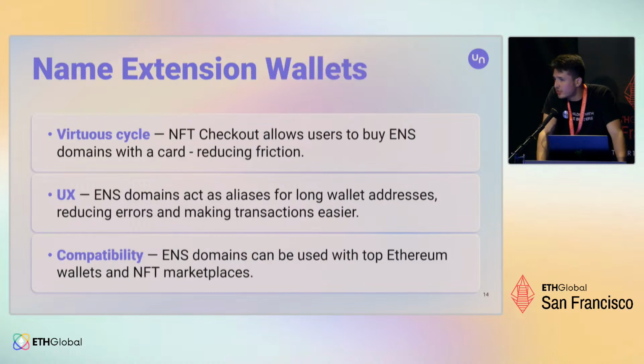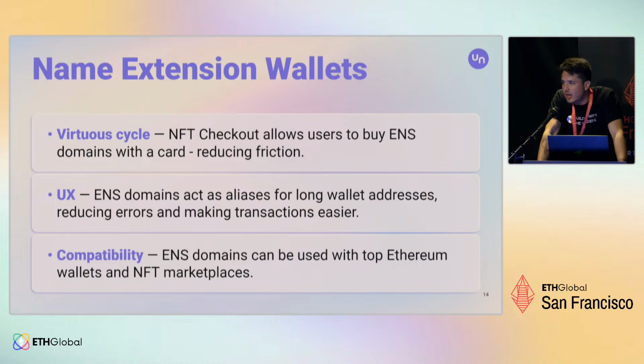Name extension wallets or domains can go either way. ENS is obviously the more popular, but it can also be Freename, it can be FIO, there are several others. Uniswap has its own domain as well, Coinbase as well. And obviously it's a virtuous cycle in the UX because the user only needs their alias, and that's it.